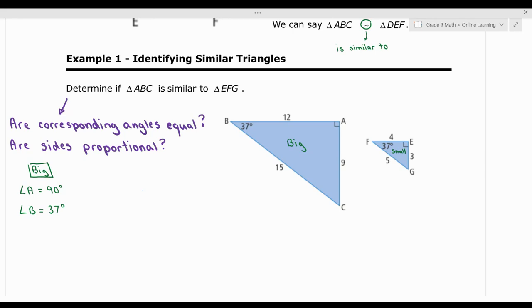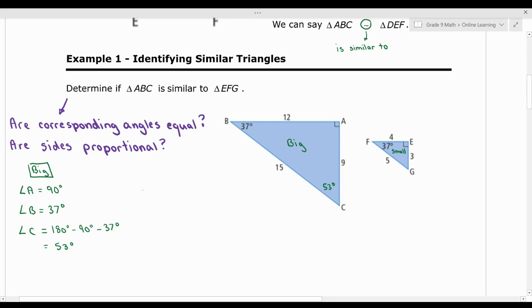Well, then what I need to figure out is angle C. I don't have it written here, but we could figure it out. All three angles in a triangle have to add up to 180. So I could subtract off the amounts that I know, and I would find that angle C is 53 degrees. So I could add that in here.